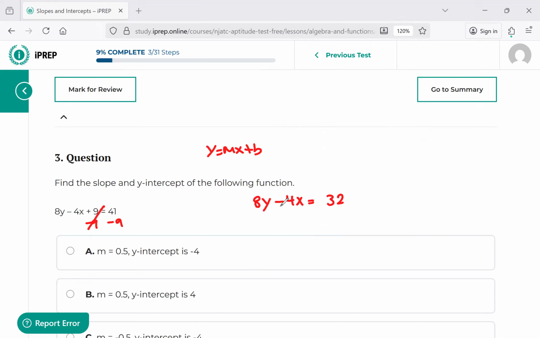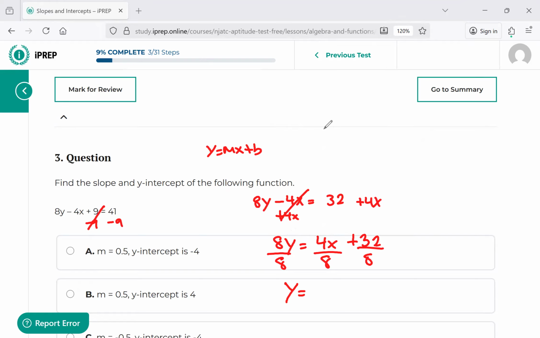And then continue solving for y. The next thing I would do is move this negative 4x to the right by adding 4x. So this cancels, and you're left with 8y equals 4x plus 32. Then I would get y by itself by dividing both sides by 8.